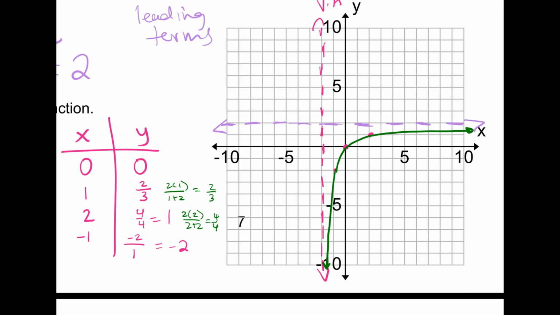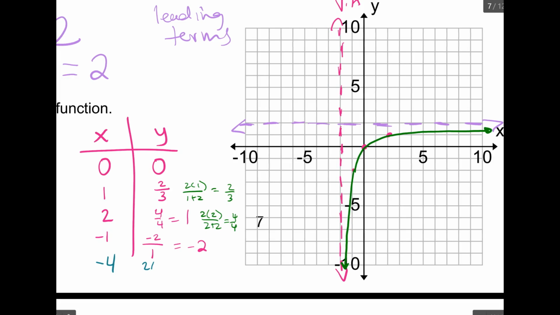Let's plug in, how about negative 4? If I put in negative 4, I have 2 times negative 4 over negative 4 plus 2. So negative 4 comma 4.